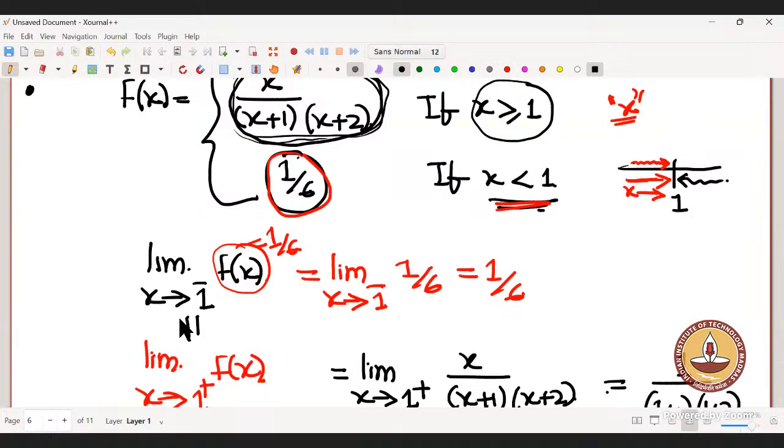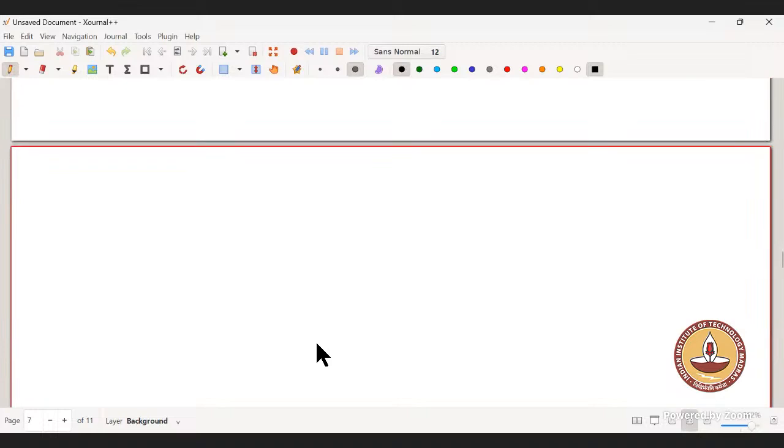I'm getting confused with this approaching from left and right. So probably, let me take another example, question number 8 in this activity. Again, if you are getting confused with the left hand limit and right hand limit, then question number 8 is not a good place to start.